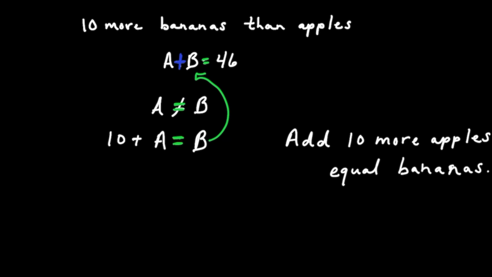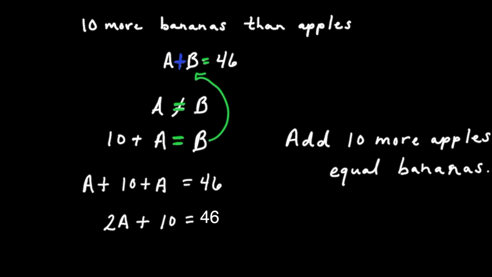So now we plug 10 plus A back into the original equation for B. And so we end up with A plus 10 plus A equals 46. And then we combine like terms so that it's 2A plus 10 equals 46.